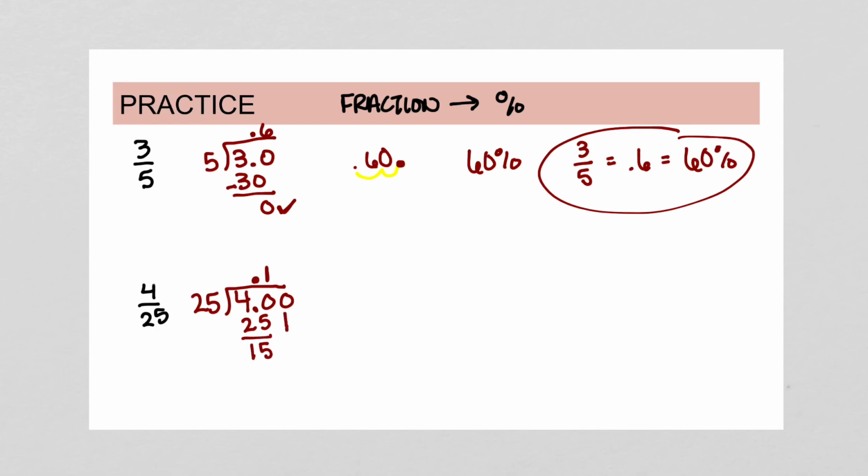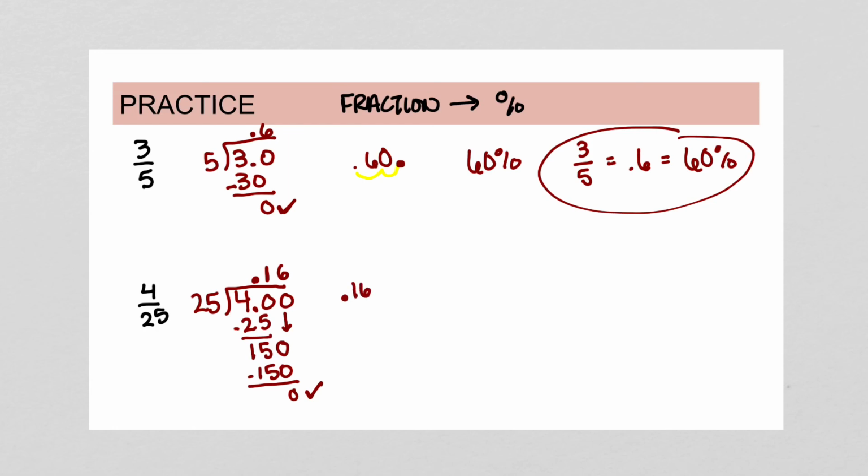Well, I still have that remainder of 15, so I'm going to bring down a copy of that 0 and try again. 25 goes into 150. Well, I think about quarters and dollars, and I know if I have $1.50, that's actually made up of 6 quarters. So that gives me 6 times 25 is 150. If I subtract those, it gives me 0. Well, that tells me no remainder. I'm done.